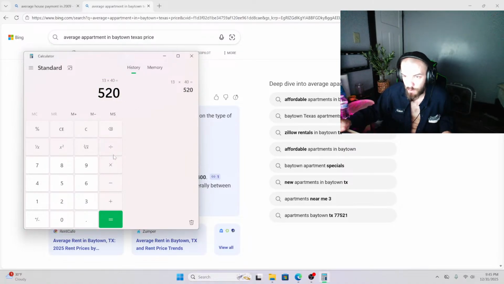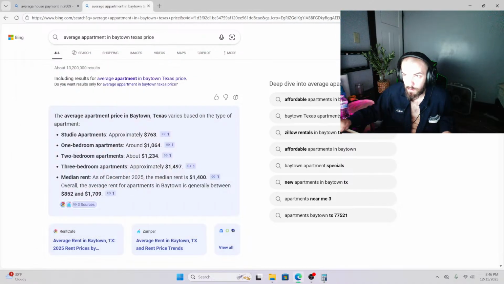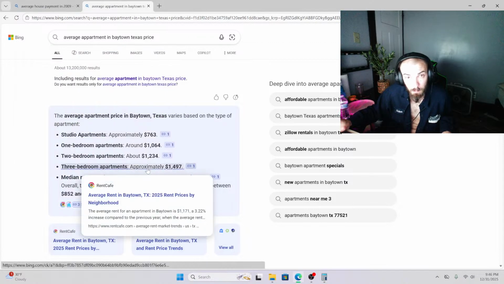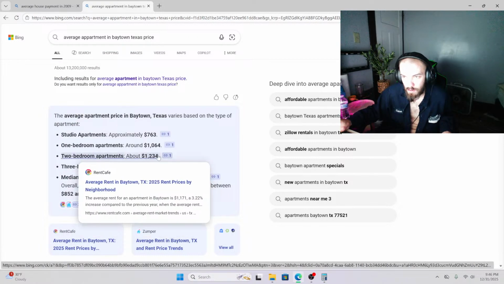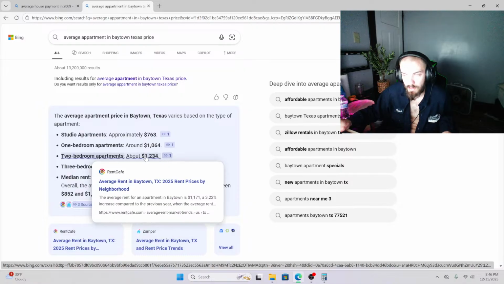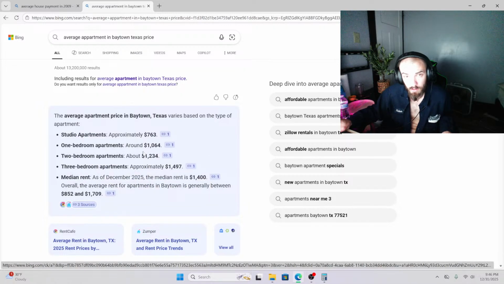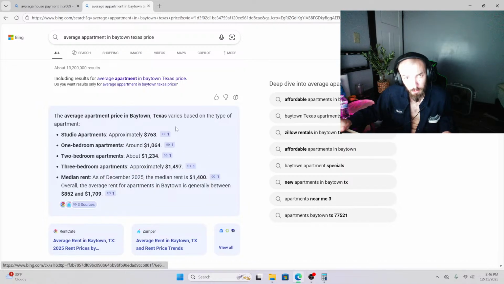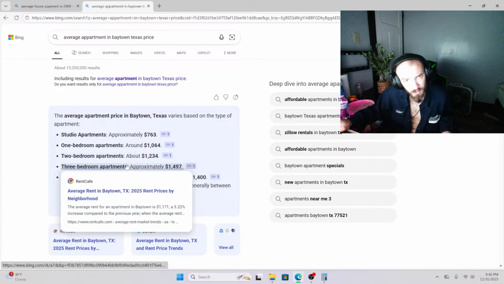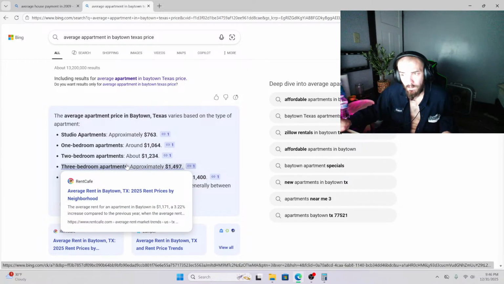Making $520 a week times 4, that's $2,000 a month, right? And that's with some overtime. How are you going to be able to pay this? Plus your internet, plus your Wi-Fi, plus your car note, plus your insurance, plus your... You see what I'm saying? You can't.